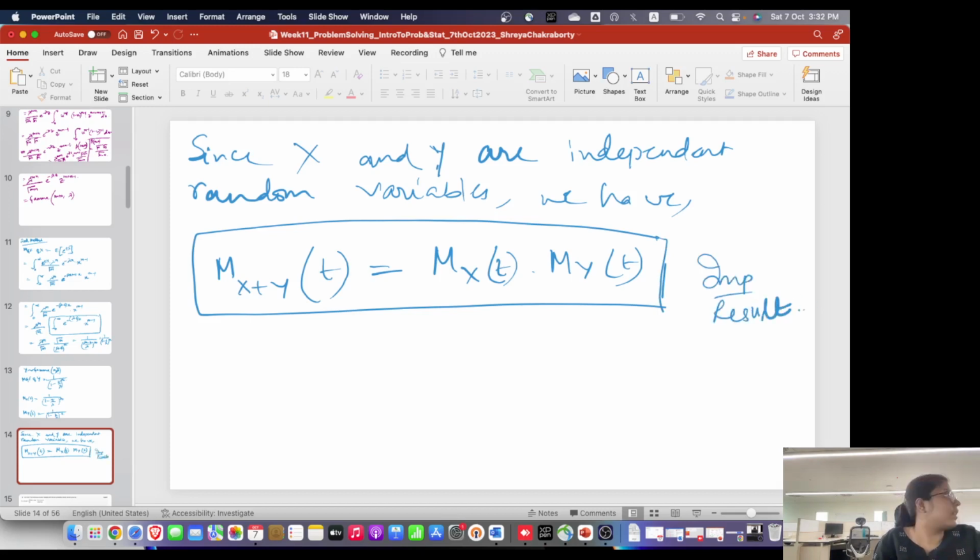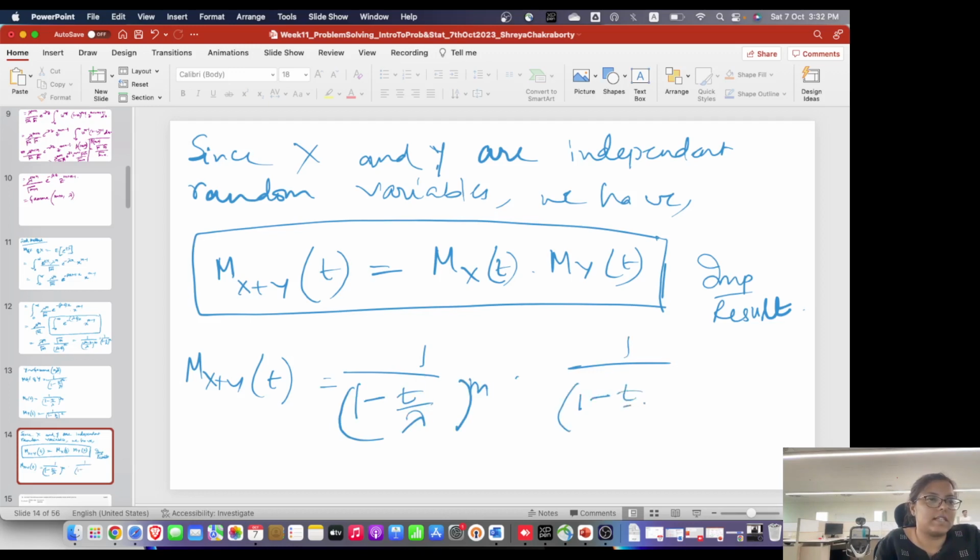So then using this, we have M x plus y of t equals 1 by 1 minus t by lambda to the power m, into 1 by 1 minus t by lambda whole to the power n. So this can be written as 1 by 1 minus t by lambda whole to the power m plus n. Okay, and MGFs are unique.